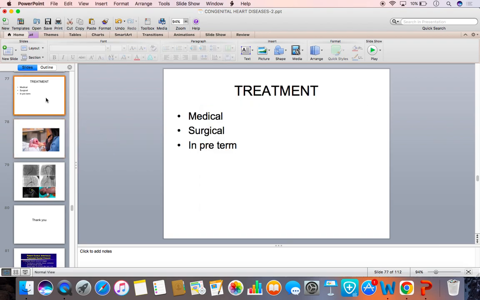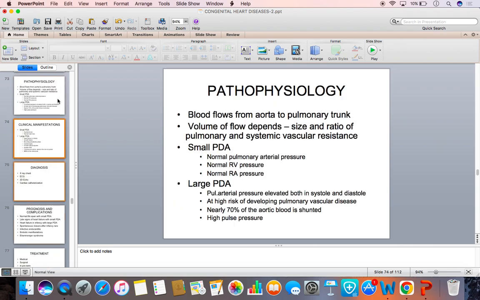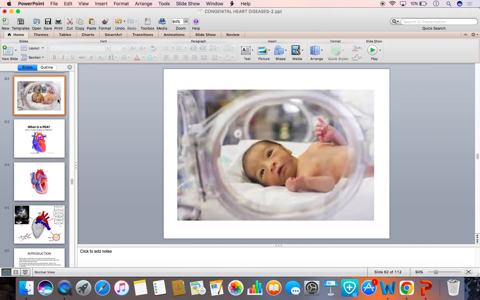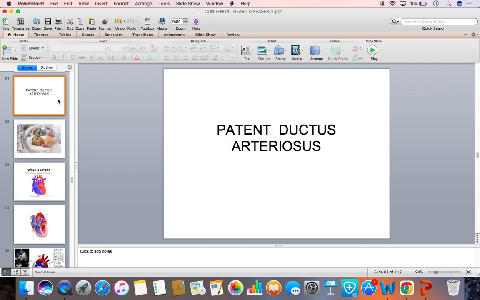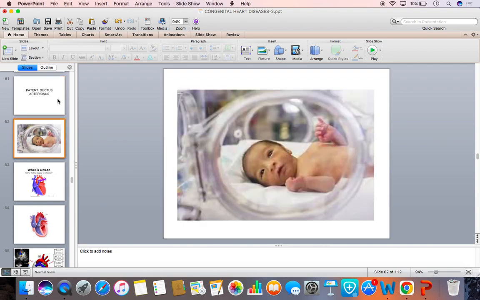Well, coming to the previous slides, patent ductus arteriosus. It is one of the common congenital heart diseases, and ductus remains open in 10% of the total congenital heart diseases because there is a permanent circulation, with lethal congenital anomalies which may be ductal dependent.